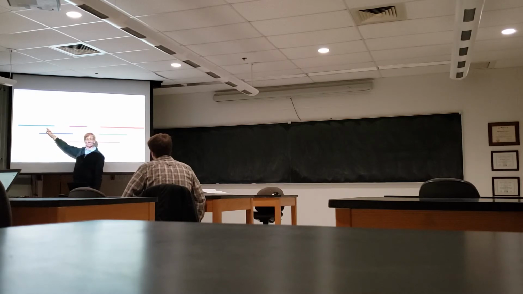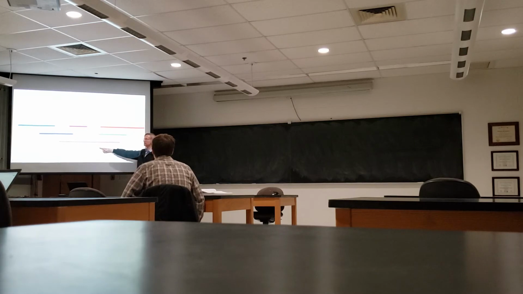Some of those are Cepheids, so we could calibrate the brightnesses of Cepheids, the period-luminosity relation, and that allows us to measure distances out to about 30 megaparsecs, about 100 million light years away.